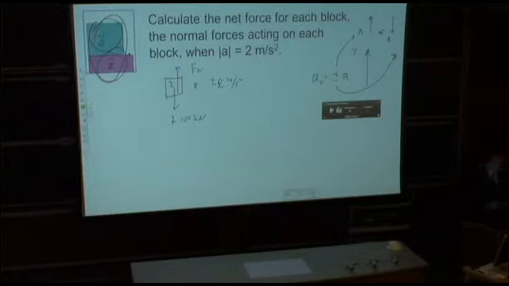Plus means we point it up, minus means we're pointing down. So Newton's law immediately tells us 2 kilograms times a plus or a minus 2 should be equal to the normal force. Normal force points up no matter what, minus 20 newtons, because force of gravity points down no matter what.